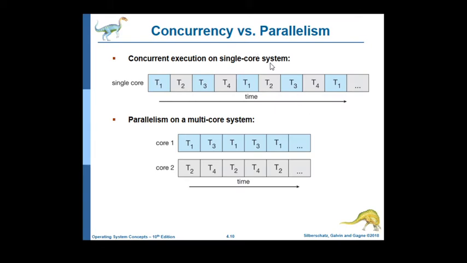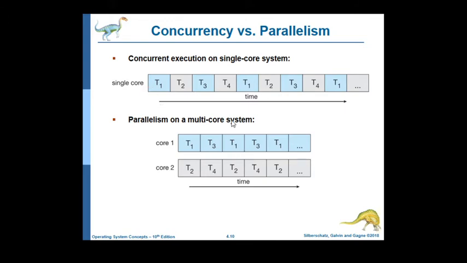On a single core system, concurrency means the execution of threads will be interleaved or executed alternately over time, because the processing core is capable of executing only one thread at a time.